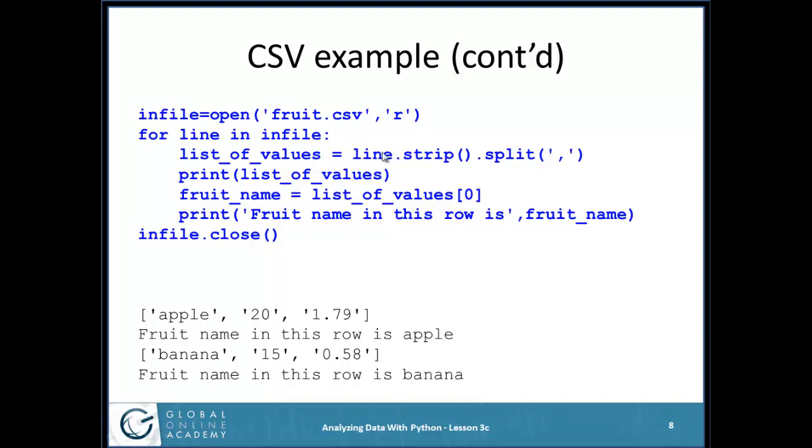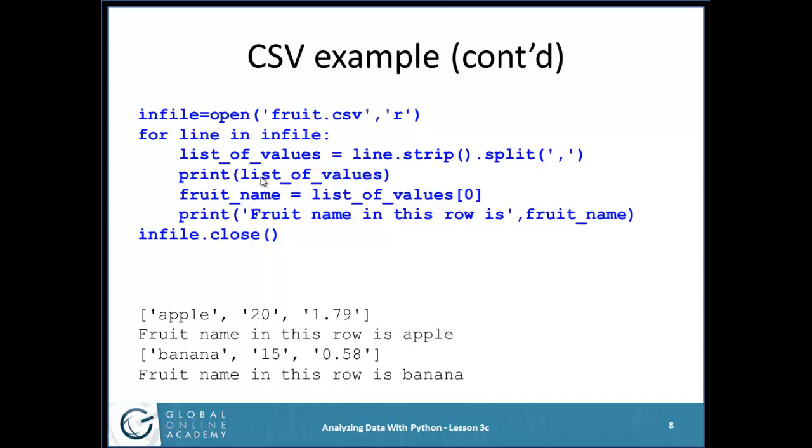I'm going to say list of values equals line dot strip dot split on commas. In other words, get rid of any leading or trailing blanks and then turn it into a list of values every time you see a comma split into another value.